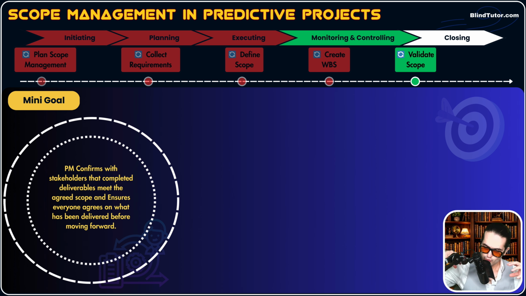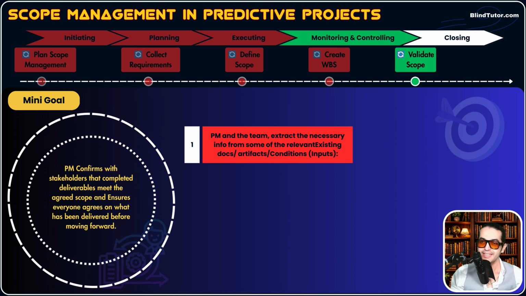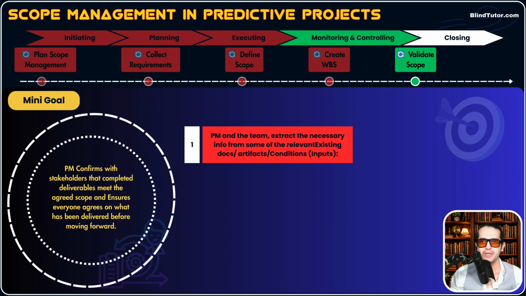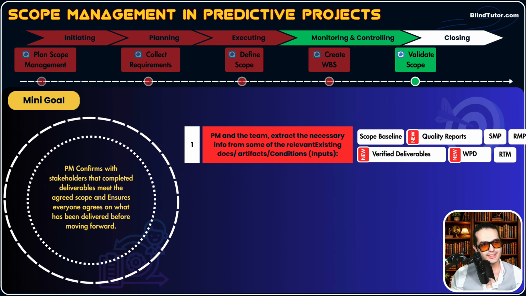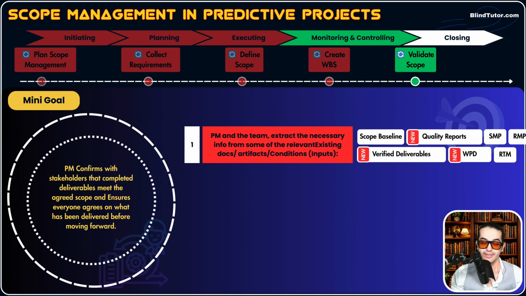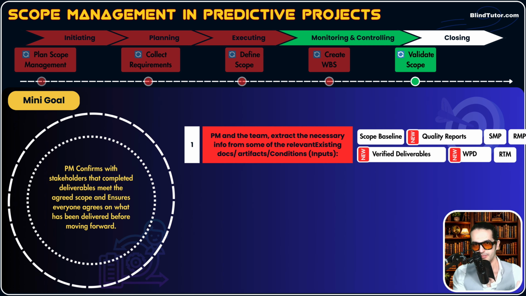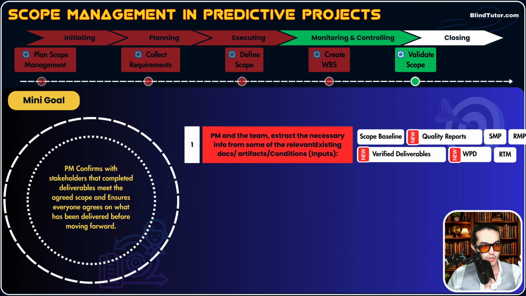Okay, this is exactly what happens in validate scope. But now let's zoom in on validate scope. You and the team extract the necessary information from some of the relevant existing documents, artifacts, conditions, which we call inputs. Like what? Like the scope baseline, which was an output of the previous process, create WBS, remember? Scope baseline here is an input. You need that because you show the deliverable to the customer, and the customer needs to compare the deliverable with the promise list.